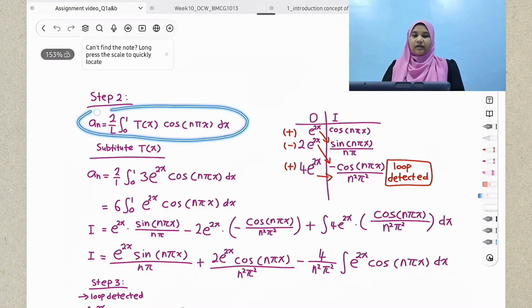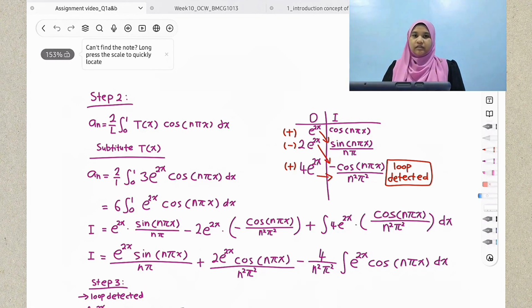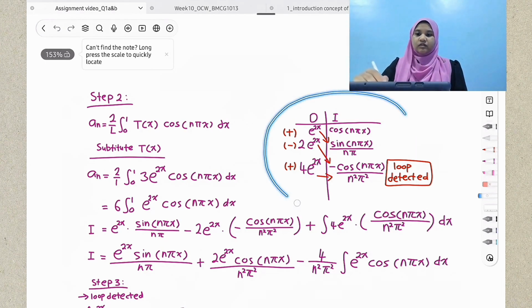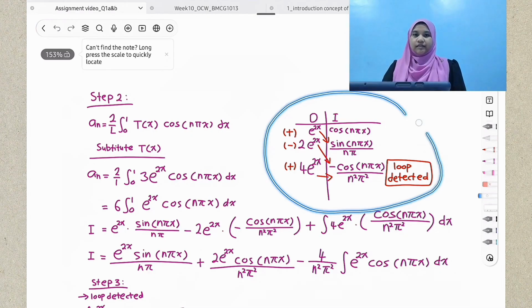To compute a_n, we use the tabular method. We set up a table with alternating sign, differentiate e to the power of 2x, integrate cosine n pi x. Following the pattern, we get a loop. The integral appears again on the right side. This is the tabular method that I calculated.